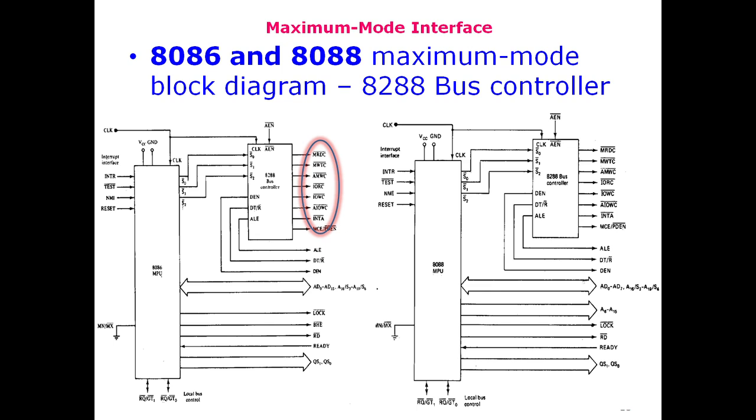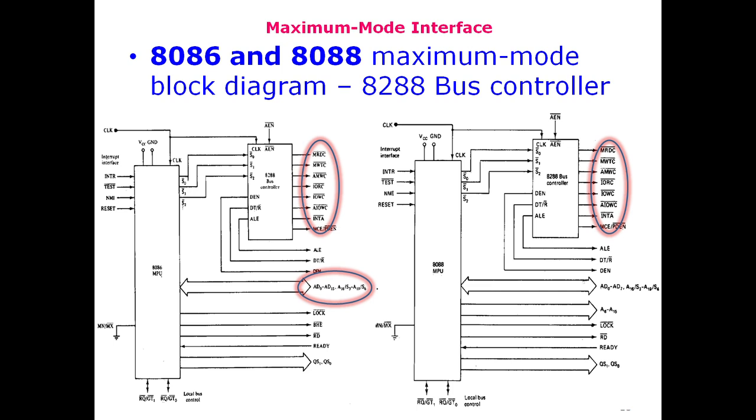So these are the control signals generated by the 8288 bus controller when it is connected with the 8086 microprocessor, and these are the control signals generated by the same controller when it is connected to the 8088 microprocessor unit. There are some other differences we have mentioned earlier.